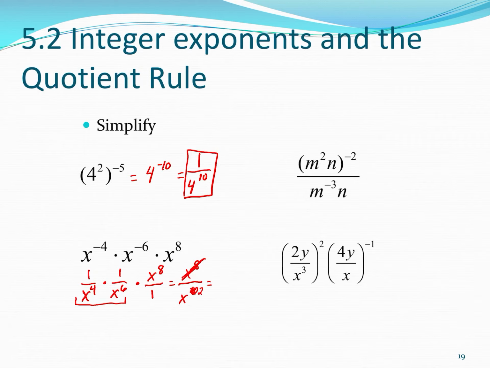And so 4 plus 6 is 10. And then our quotient rule says that we're going to cancel stuff out, right? So there are 8 x's on top. There's 10 on bottom. These 8 on top cancel 8 of the 10. It means there's 2 left. And so we end up with 1 on top over x squared. That is on the bottom. There is the final answer.